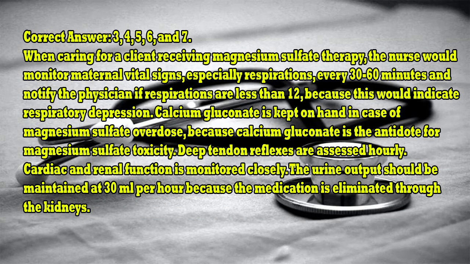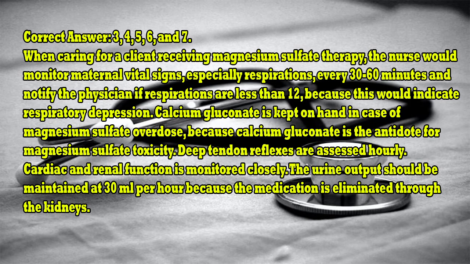Correct answer: 3, 4, 5, 6, and 7. When caring for a client receiving magnesium sulfate therapy, the nurse would monitor maternal vital signs, especially respirations, every 30-60 minutes and notify the physician if respirations are less than 12, because this would indicate respiratory depression.